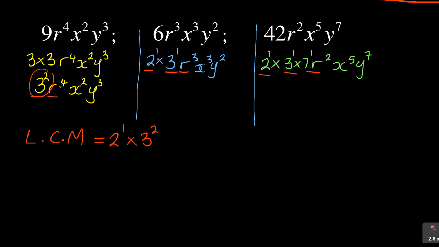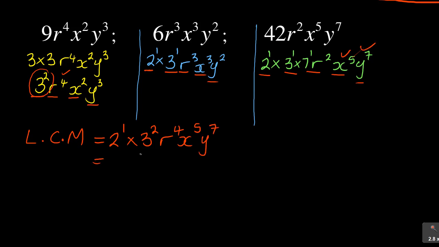Identify the one with the highest power, which is r to the power 4. Do the same thing with x. We have that x and that x. The highest power is x to the power of 5. You do the same thing with y. The one with the highest power is y to the power of 7.